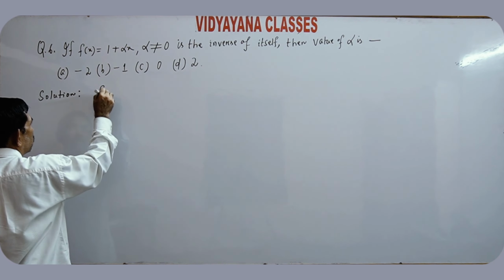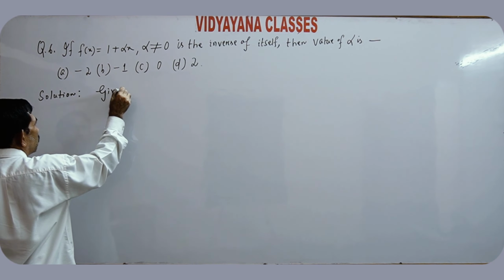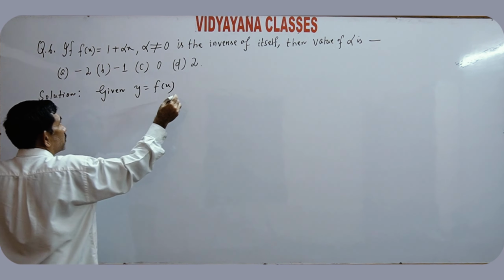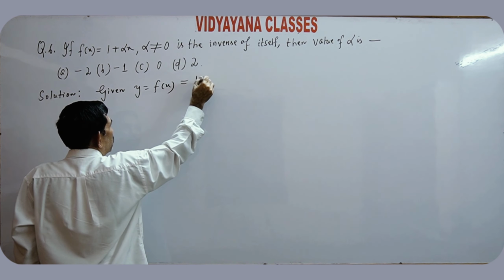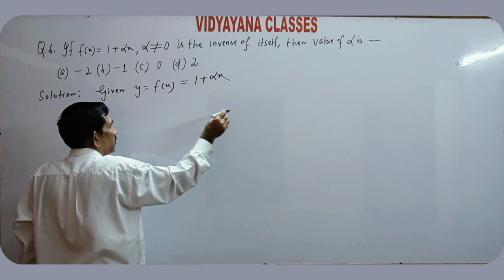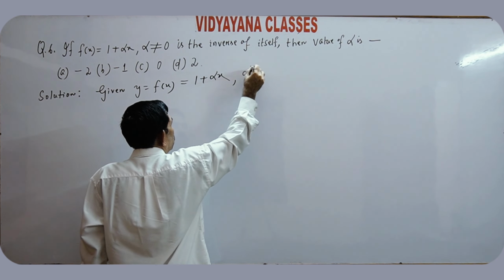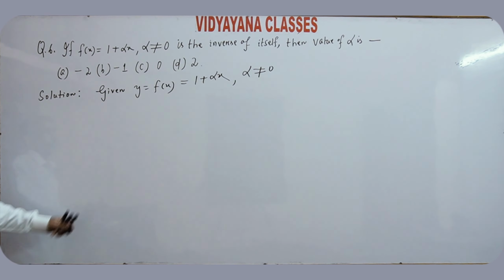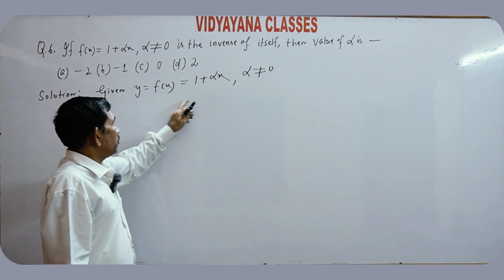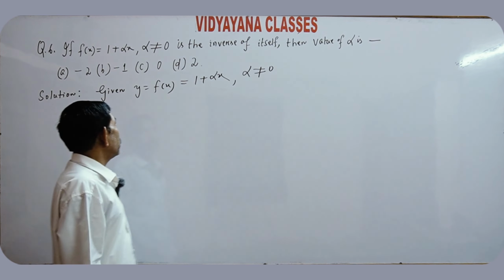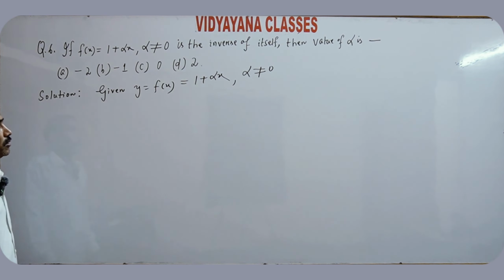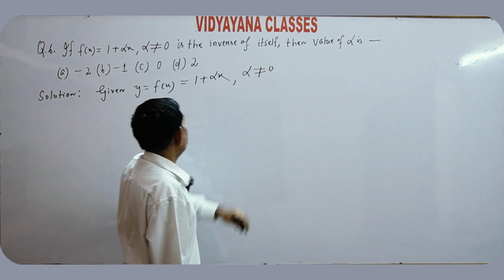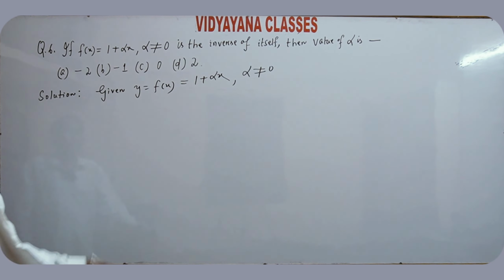Given y is equal to fx is equal to 1 plus alpha x, alpha not equal to 0. The inverse of the function is itself. What is the inverse of the function?